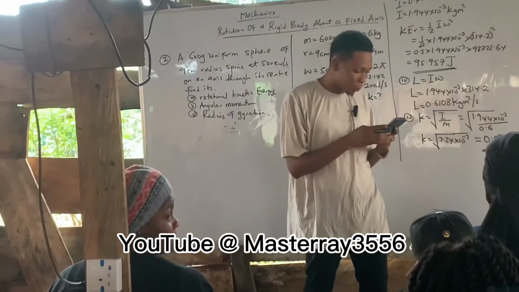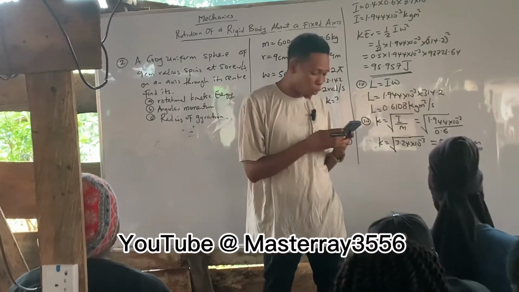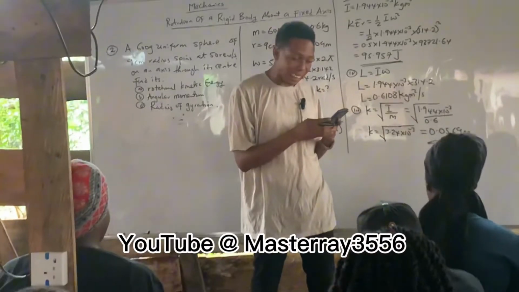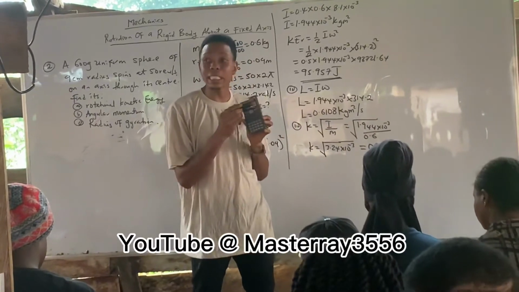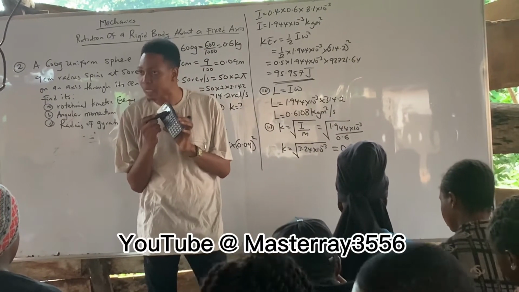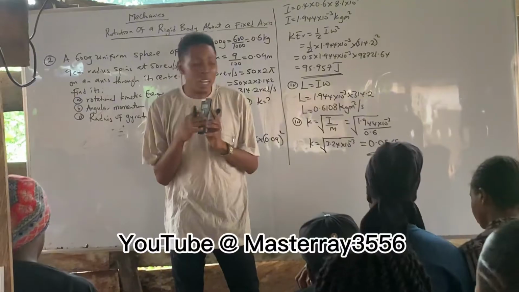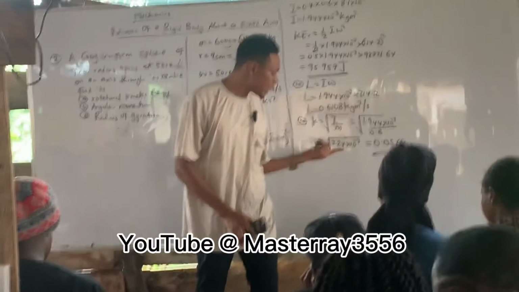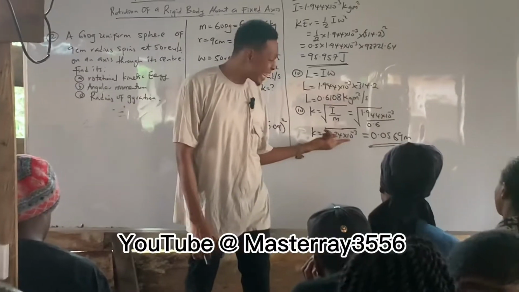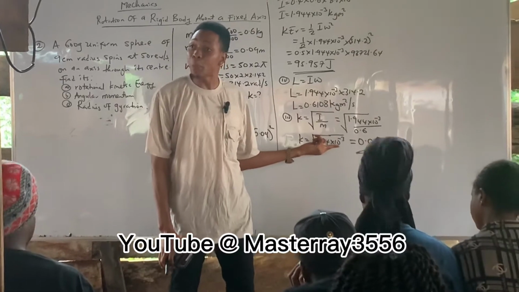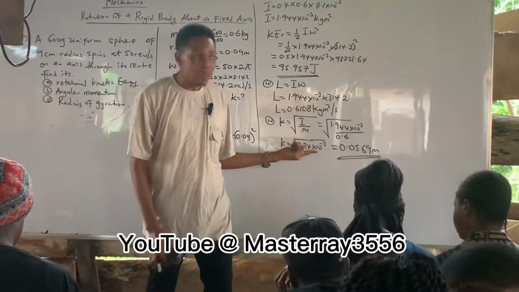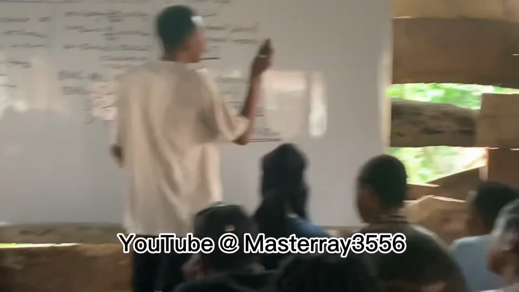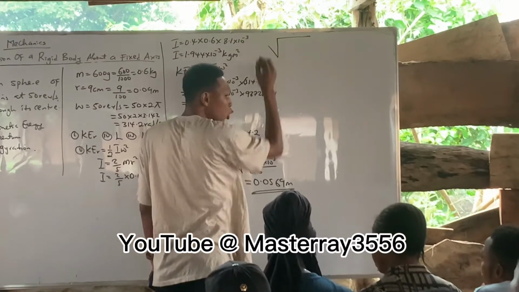What I'm trying to say is that if you punch the square root of 3.24 and write times 10 raised to power minus 3, it can still give you 1.8 times 10 to the power minus 3. Are you following? Your calculator will only square root the 3.24 and it will neglect the times 10 raised to power minus 3. So the best way to do that is that first of all, you punch your square root from your calculator.